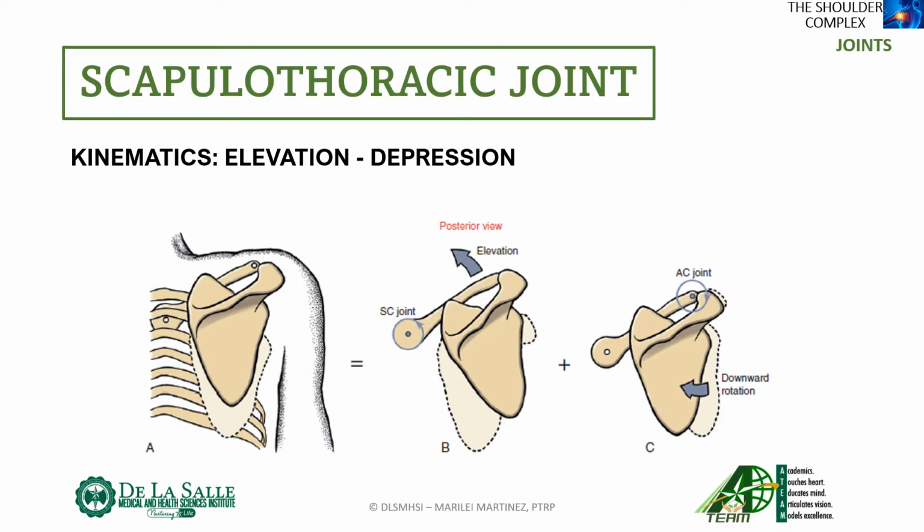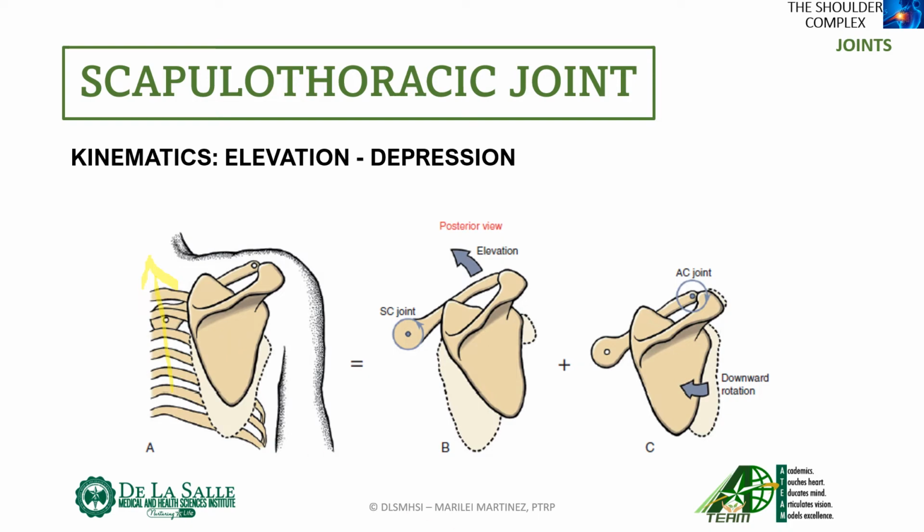So specifically for elevation of the scapula at the scapulothoracic joint, there should be elevation of the clavicle in the sternoclavicular joint and downward rotation of the scapula in the acromioclavicular joint. Okay, that combination of movements will now cause elevation of the scapula at the scapulothoracic joint. Now for the depression, just reverse it.